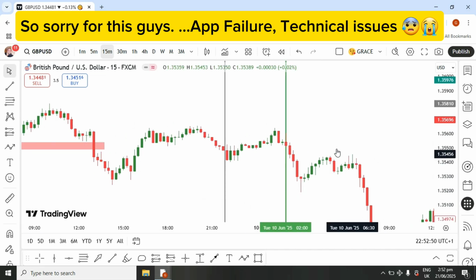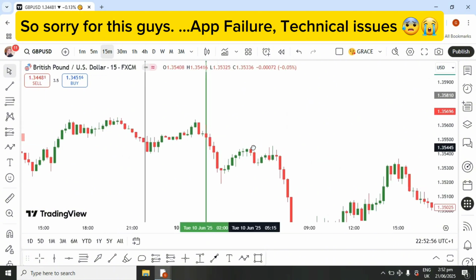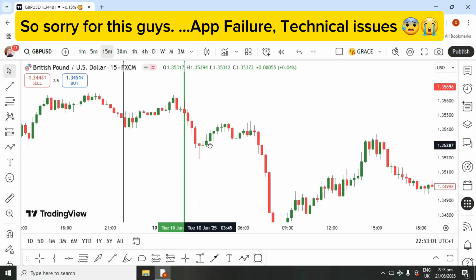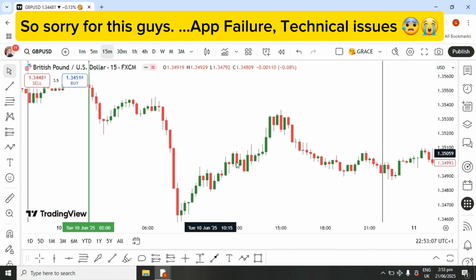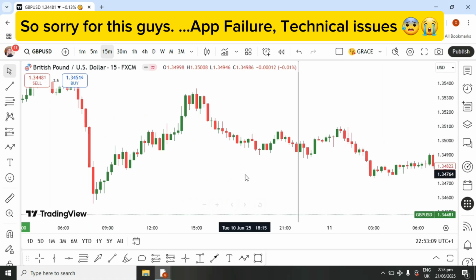This high is lower than this. So it was in a downward movement, right? This high could not take off this high, so it's in the down movement, right? Lower lows, right?